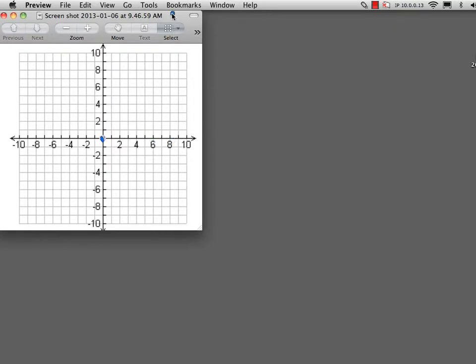Let's say it's right here. Let's call this 8 and 15 and this 0, 0. And we're simply looking for the length of this segment.